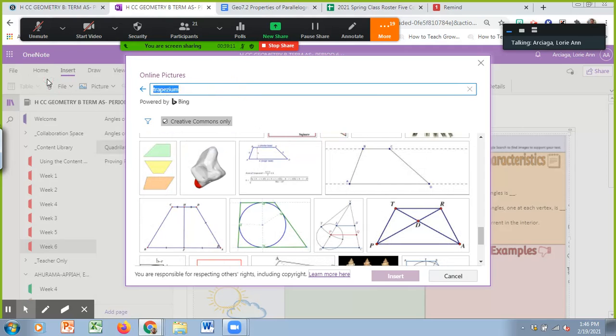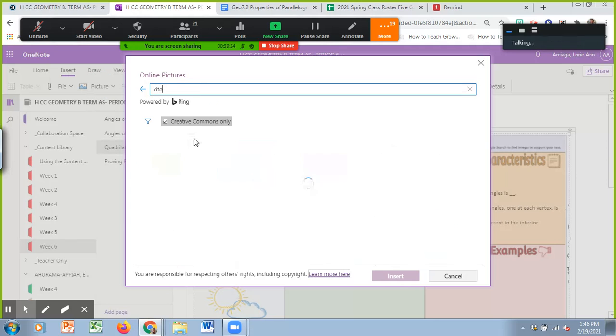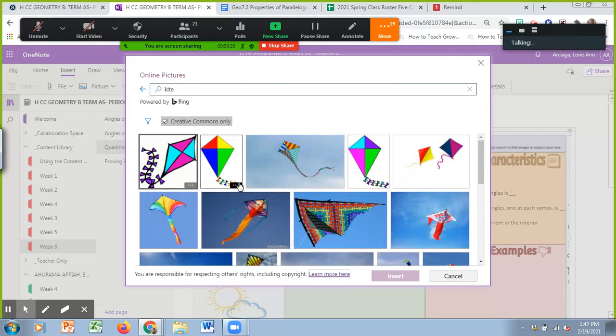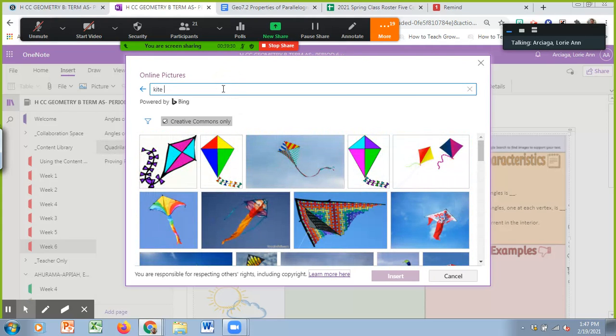You can also put rhombus. I wonder what it will show if I put a kite. That's a rhombus. I wonder what it will show if it's a kite. Maybe it will show like an actual kite. Yes, so maybe I should type kite quadrilateral. Kite geometry.